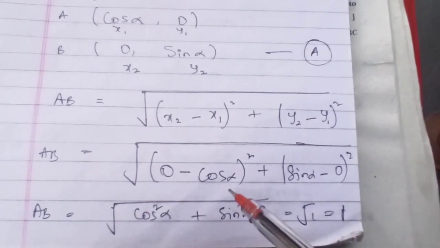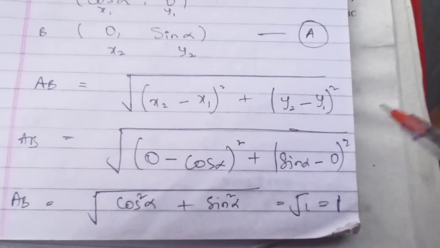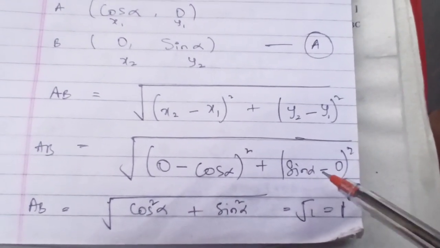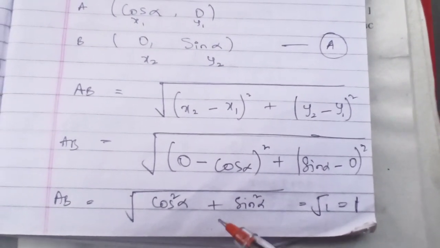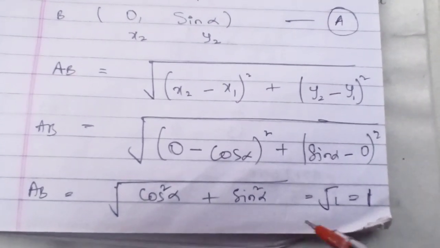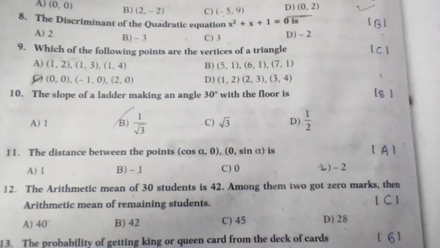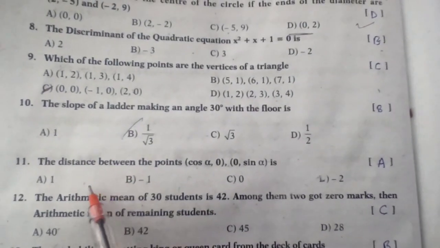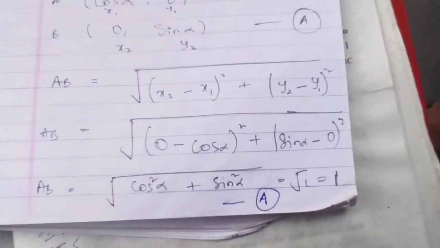Okay, 0 minus cos alpha, minus cos alpha, minus minus plus, cos into cos, cos square alpha, sin alpha minus 0, sin alpha, sin into sin, sin square alpha. This is a trigonometric identity. Cos square theta plus sin square theta is what? 1. The root 1 is what? 1. So in this one, we have to check A is the answer. Option A will be the answer.